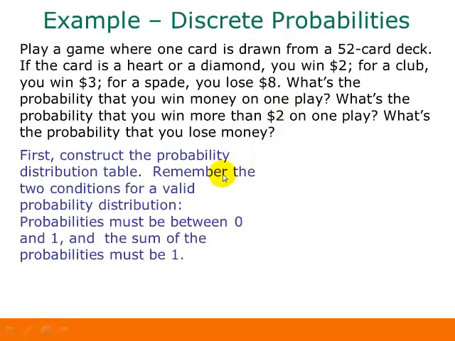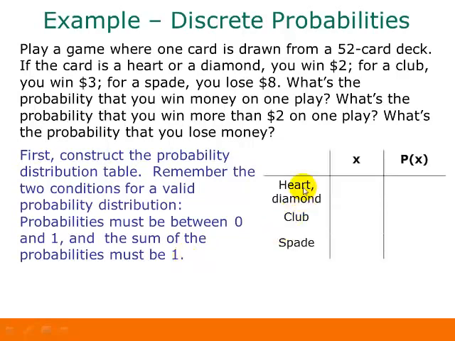First, we're going to construct the probability distribution table for this game. And remember the two conditions that we just talked about. The probabilities have to be between 0 and 1, and the sum of the probabilities has to be 1. So here are our outcomes in words. We can list hearts and diamonds in the same row because they have the same numerical outcome. For either one of those, you win $2.